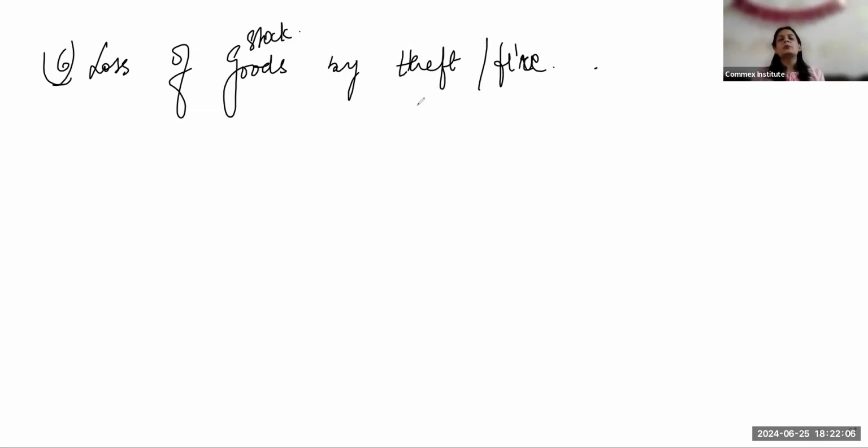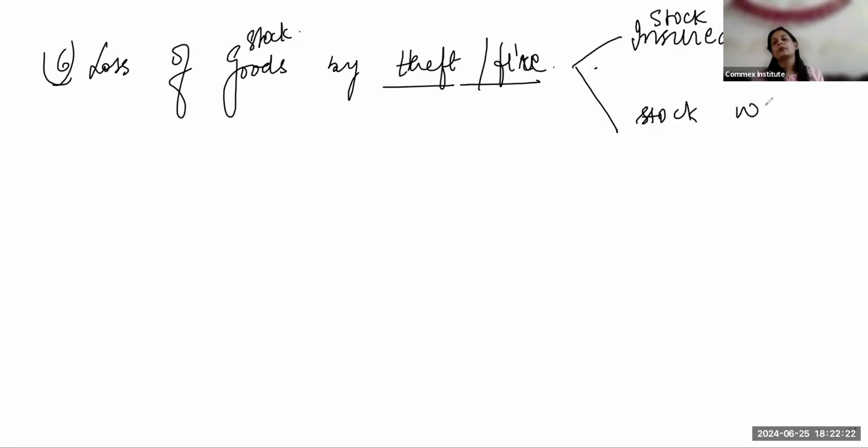So loss of stock by theft or fire. In this, Bacho, we have to see whether they were insured or not. So there can be two possibilities, that goods were insured, his stock was insured, or stock was uninsured.